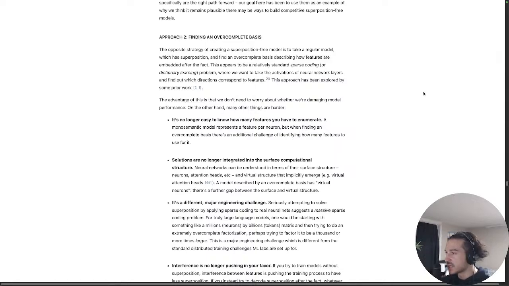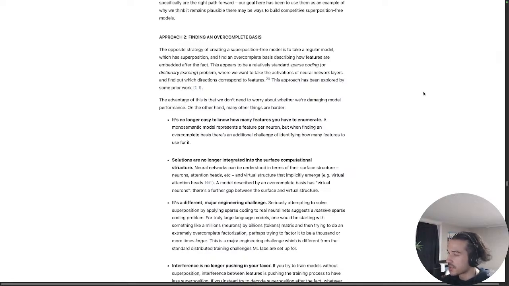The advantage of this is that we don't need to worry about whether we're damaging model performance. On the other hand, many other things are harder. It's no longer easy to know how many features you have to enumerate. A monosemantic model represents a feature per neuron, but when finding an overcomplete basis, there's an additional challenge of identifying how many features to use it for. Solutions are no longer integrated into the surface computational structure.